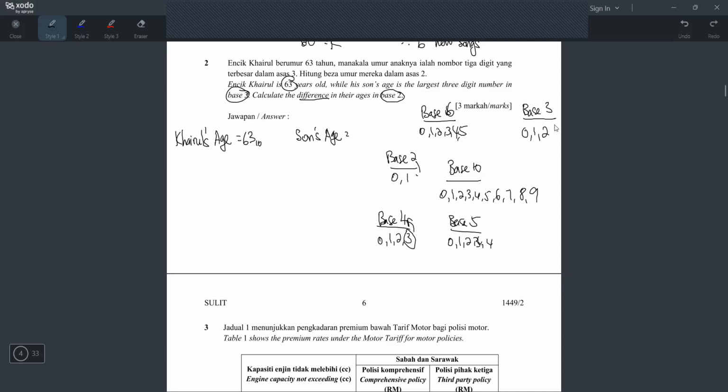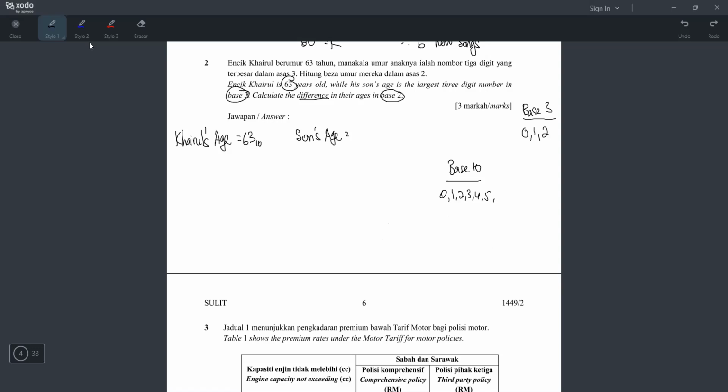Okay, so I think I can erase all this. Now you get the idea already. So in base 3, what is the highest digit? 2, right? If the base is 3, then the biggest digit you will see in the number is 2. Now tell me what is the largest 3-digit number in base 3.